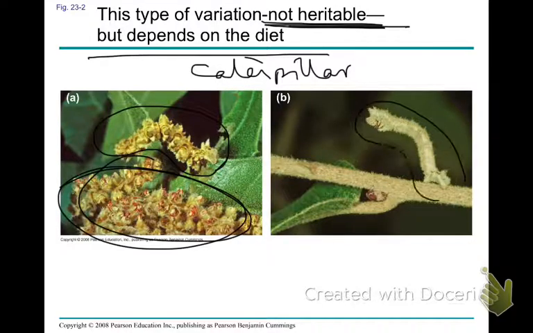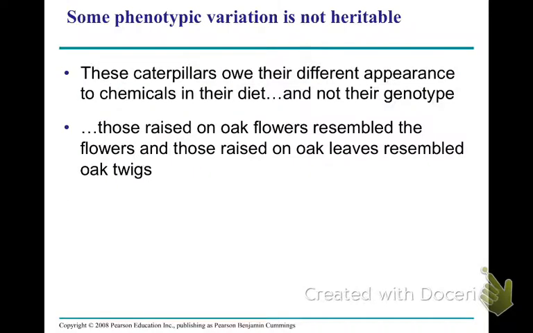Vice versa, the same caterpillar looks like the twigs of the oak tree by consuming the twigs and the leaves of the oak tree. So this kind of variation depends on the diet of that particular individual creature in that population. They owe their appearance to the chemicals in their diet and not their genotype. Those raised on oak flowers resemble the flowers. Those raised on oak leaves resemble the oak twigs.